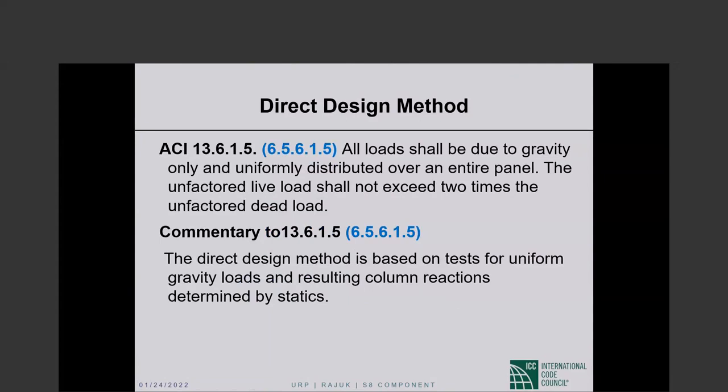Concrete is heavy. 6 inches of concrete is 75 pounds per square foot. Anyway, concrete is heavy. Typically, the live load on a concrete structure is a fraction of the dead load. So twice the dead load is quite a bit. So it is a limitation, but it is not an unreasonable limitation at all.